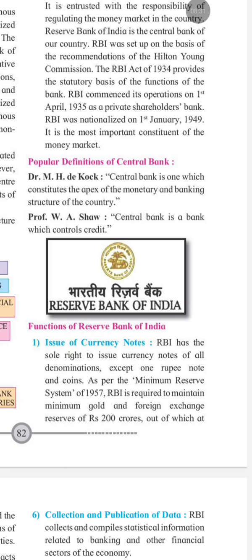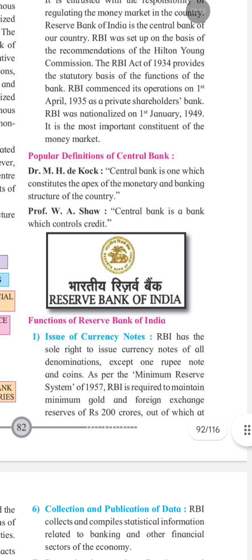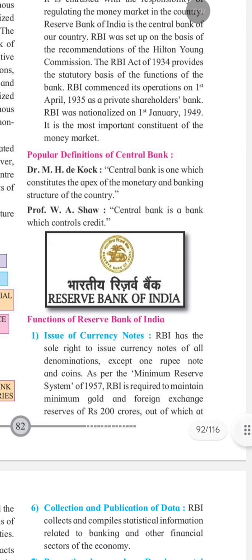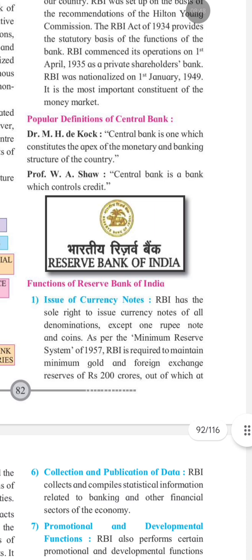At the time of its establishment, it was a private shareholders' bank. Later, on 31st January 1949, the RBI was nationalized, which means it came under the ownership and control of the Government of India (GOI). Today, the RBI is considered the apex institution of the money market because all major banks and financial institutions work under its regulation and supervision.